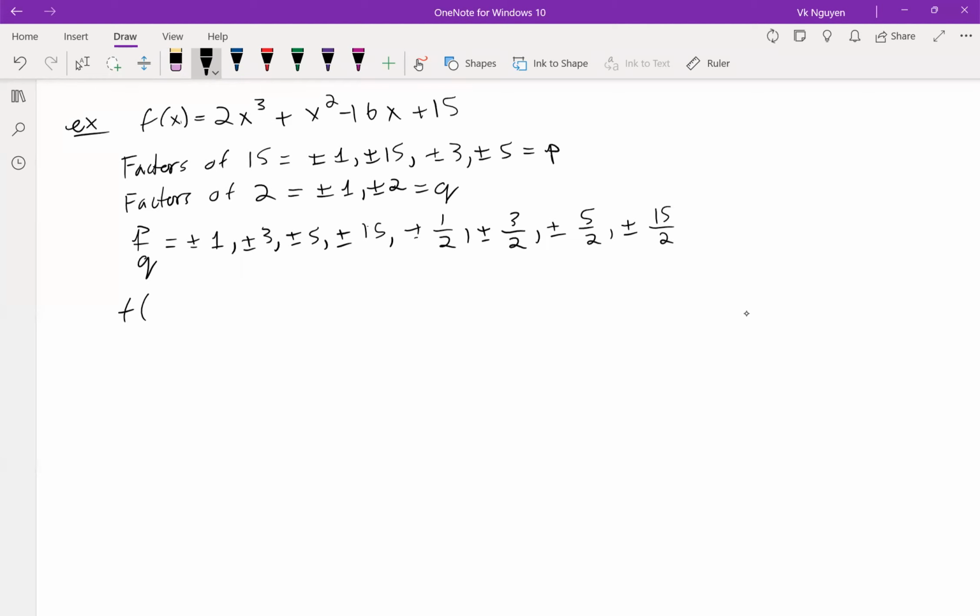f of 1, we get 2 times 1 to the 3 plus 1 squared minus 16 times 1 plus 15.